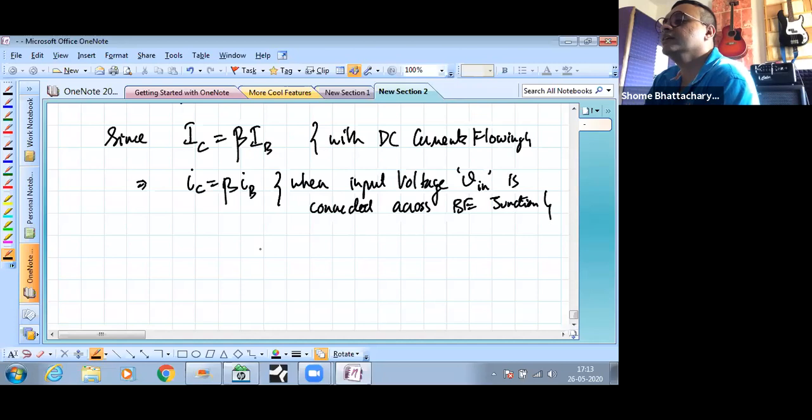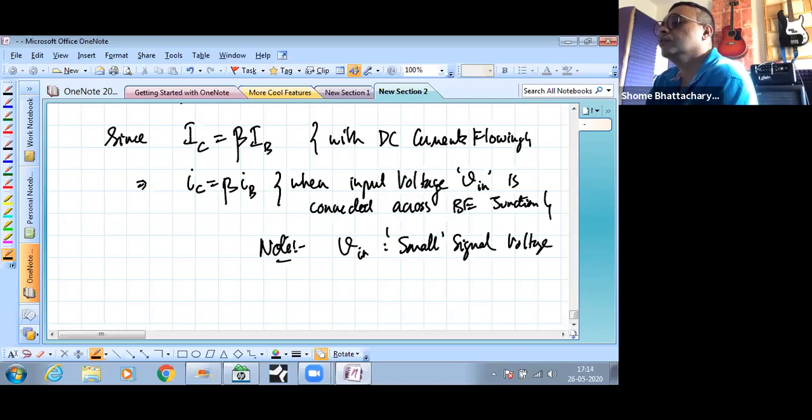But note it is connected in such a way that this is a small signal voltage, and that too an alternating voltage. So because it is small signal, it does not affect the biasing.